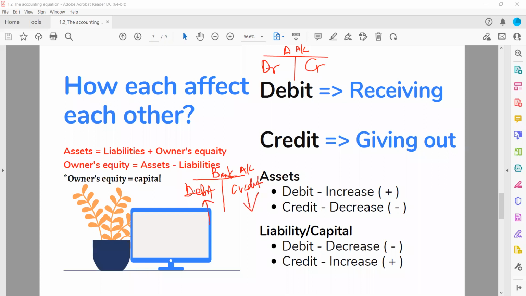So bank receiving money will increase, giving out money will decrease the bank amount. Whereas liability and capital are the opposite: debit is decrease, credit is increase. So take note that for asset, debit increase, credit decrease. For liability or capital, debit decrease, credit increase.